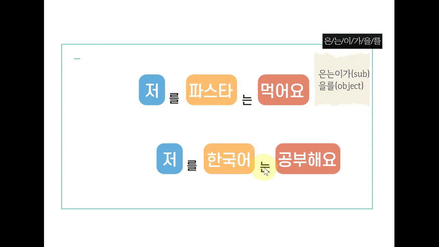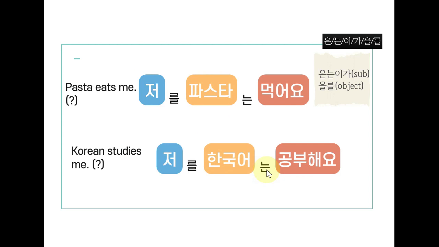But what if I mixed up? Like 저를 파스타는 먹어요. Or 저를 한국어는 공부해요. I becomes an object because of object marker 를 and pasta, 한국어, they become subjects because of subject marker 는.